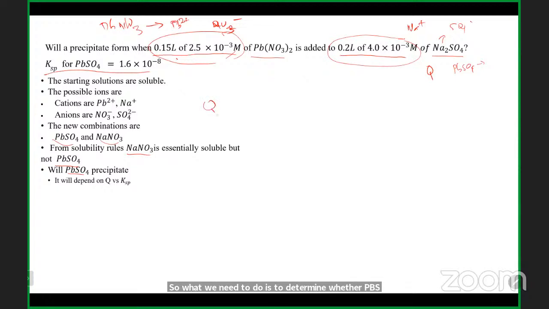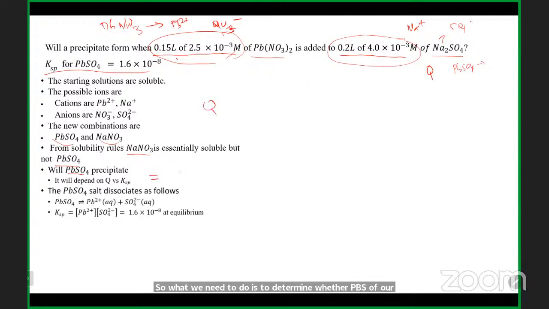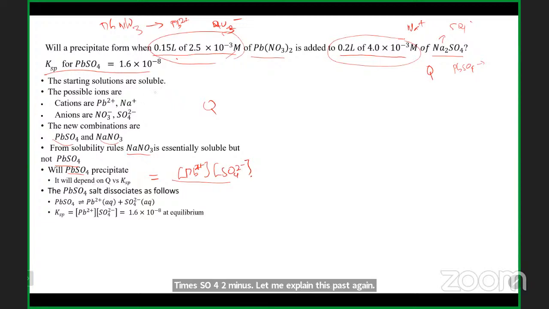So we need to calculate Q, which is [Pb2+] times [SO4 2-]. Let me explain this part again. If we want to calculate Q for PbSO4, we know that PbSO4 will dissociate as Pb2+ and SO4 2-.